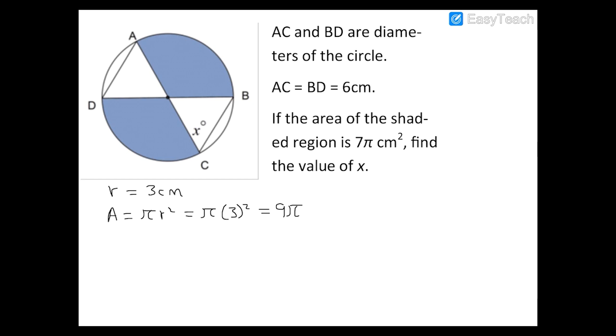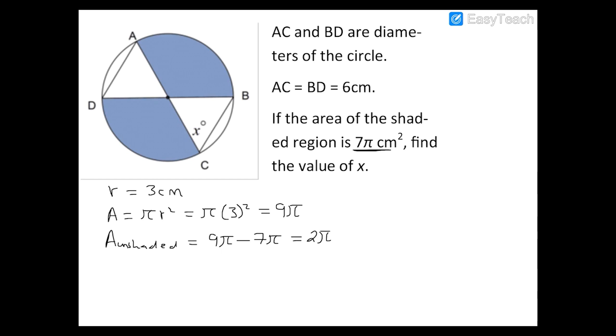Right, so this is the area of the full circle. We are given the area of the shaded region. So the area of the unshaded region will be equal to the area of the circle minus the area of the shaded, and we get 2 pi.